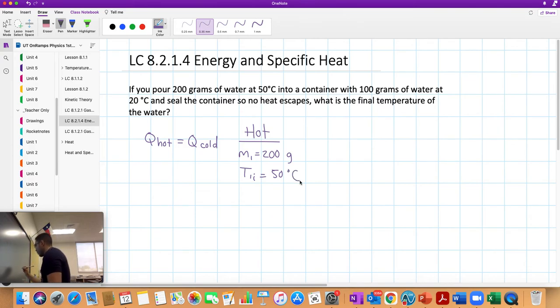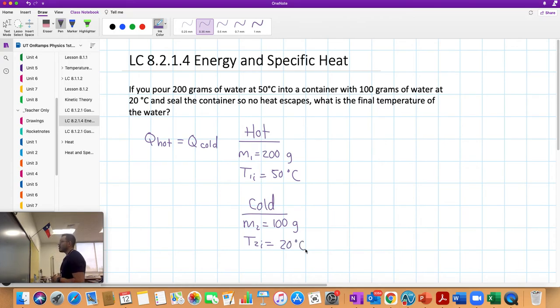And then for the cold setup, we'll have mass 2, which is 100 grams, and temperature 2 initial will be 20 degrees Celsius.